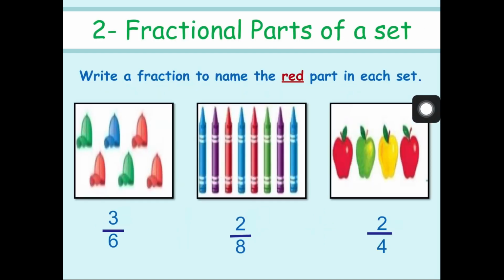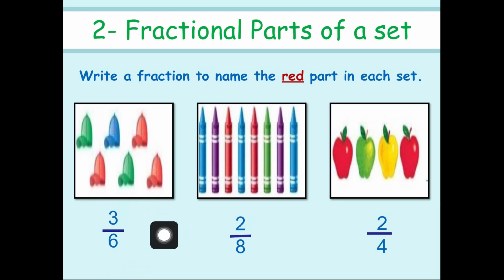We learned that already. We also know how to write a fraction to name the red part in each set. Over here we have how many red caps? Well, first I need to see my total number of caps. And over here in total I have 6 caps. So that's my total number.